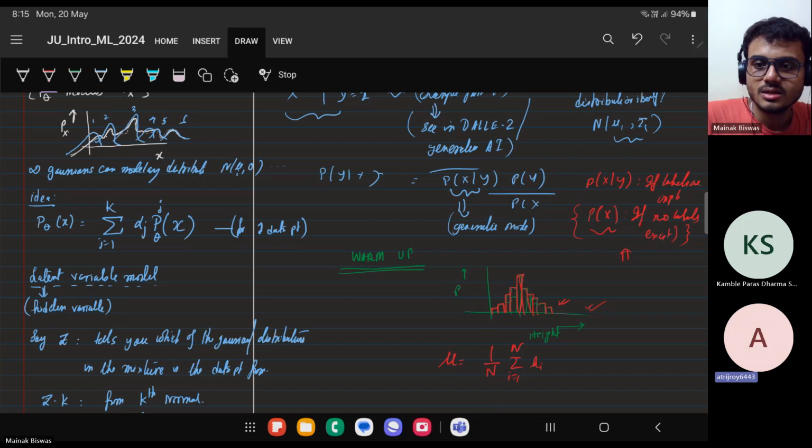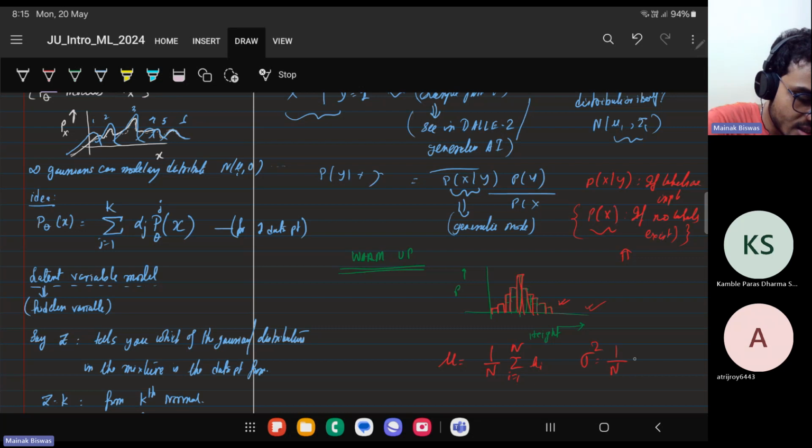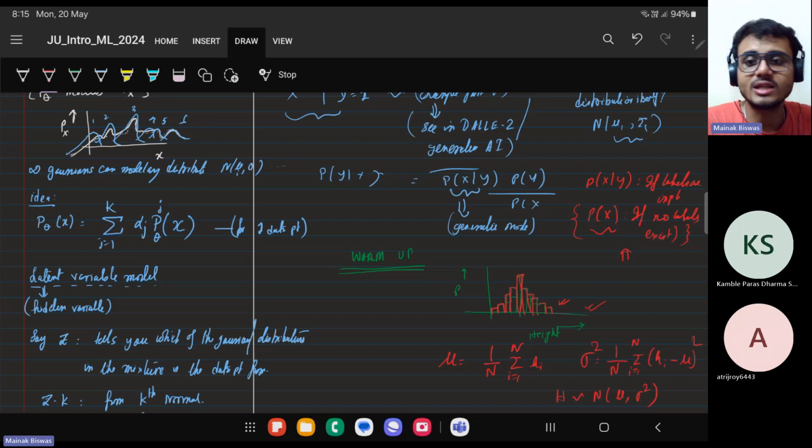And sigma squared will be 1 by n, again the sample variance, sum of height i minus mu whole square. So now you know that height is sampled from this normal mu, sigma squared distribution. Now if you just sample from this distribution, you will get a new height, and that height would be fitting in that class without people doubting.